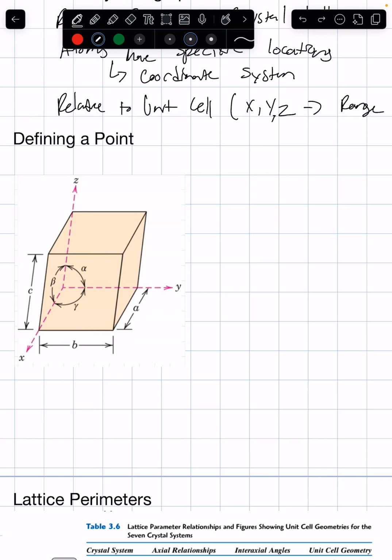But when we're thinking about this specifically, let's say this is a unit cell here.